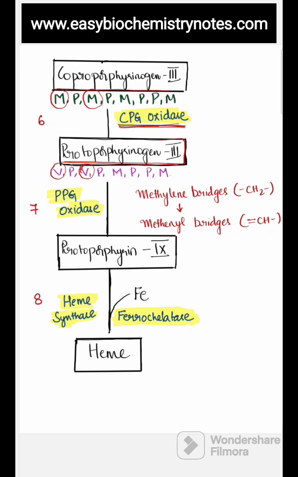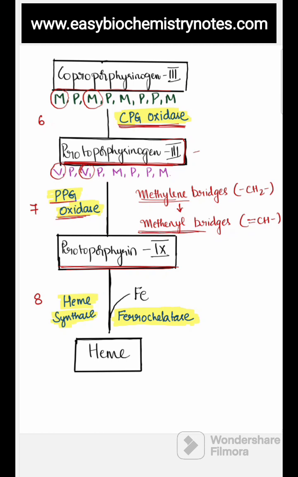Now the next reaction is in the presence of PPG oxidase enzyme, protoporphyrinogen oxidase. This protoporphyrinogen 3 gets converted to protoporphyrin 9. So what happens in this is the methylene bridges which are present in the protoporphyrinogen 3 get converted to methenyl bridges.